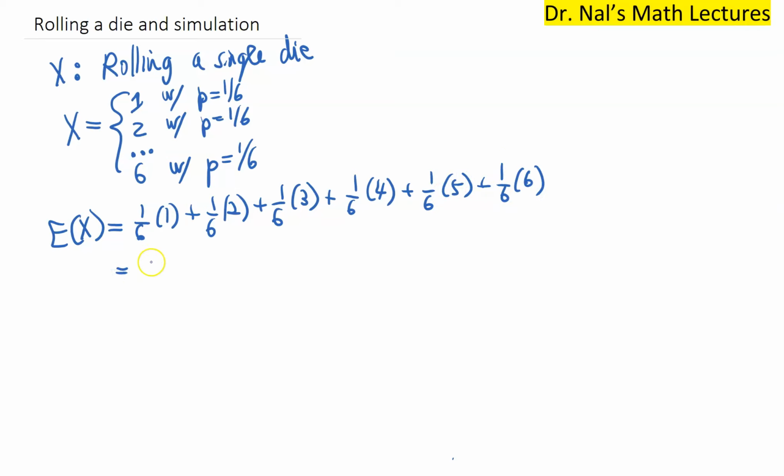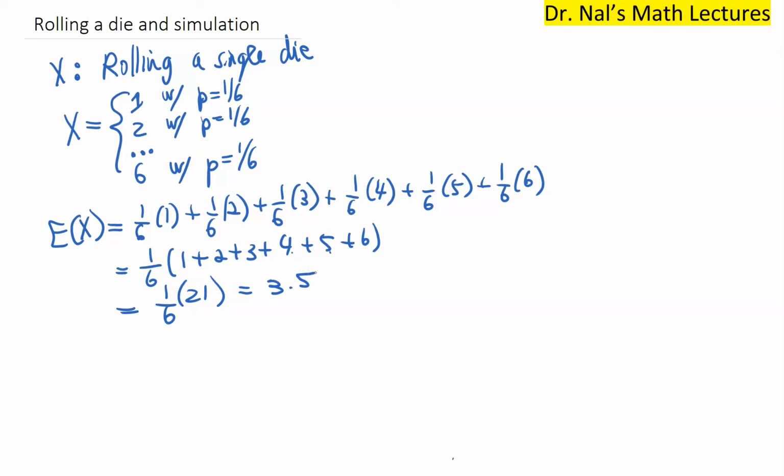And if you just add them up, we can factor out the 1/6: 1 plus 2 plus 3 plus 4 plus 5 plus 6, and that's just 1/6 times, you add up these numbers, 3, 6, 10, 15, 21, and 21 over 6, that's 3.5. So on average, when you roll a single die, you're expected to get a 3.5, because 1, 2, 3 is symmetric to 6, 5, 4, and somewhere in the average of 3 and 4 is the 3.5.